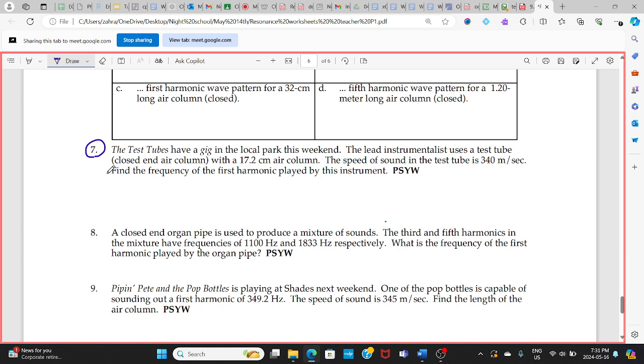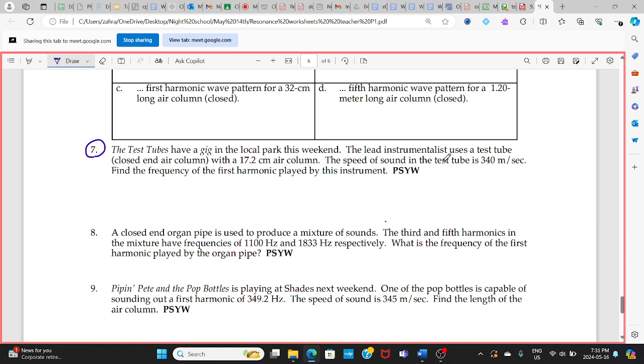Okay, here is the question: a test tube band has a gig in the local park this weekend. The lead instrumentalist used the test tube closed at one end, an air column with 17.2 centimeter air column. The speed of sound in the test tube is given. Find the frequency of the first harmonic played by this instrument.